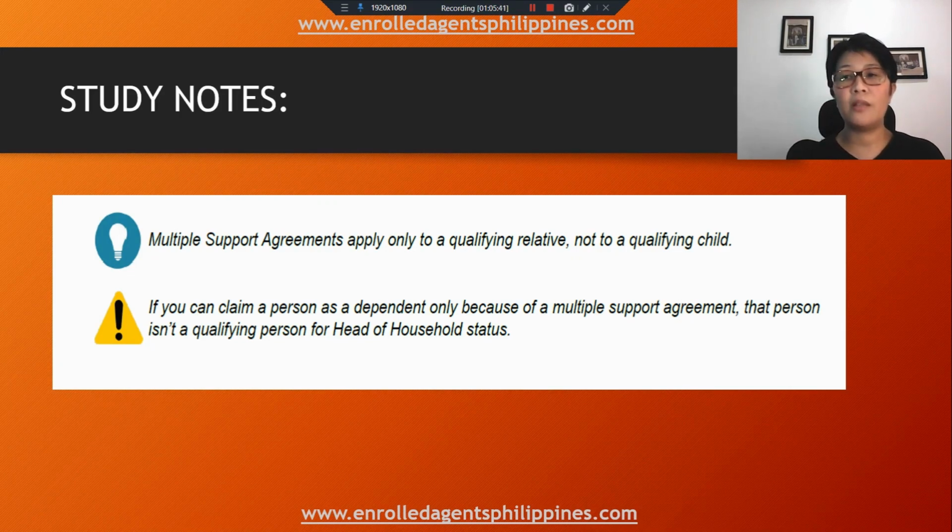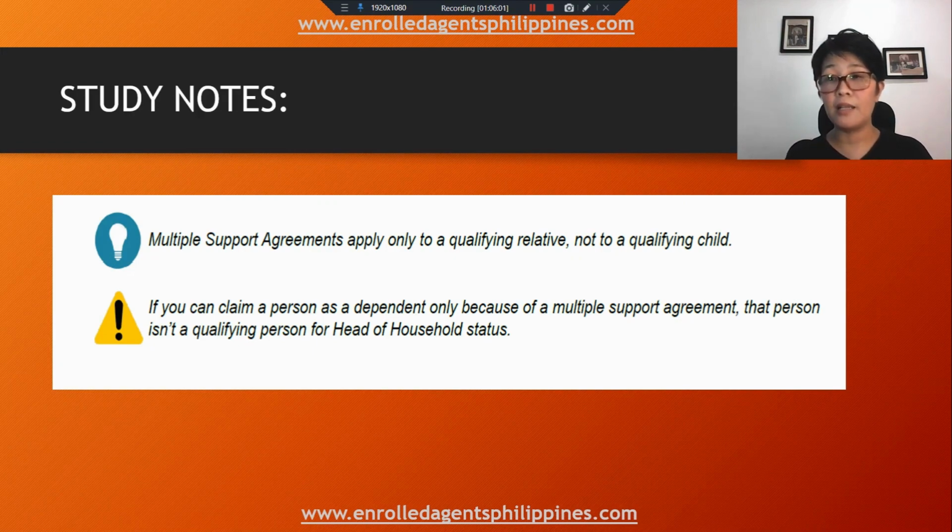Kasi dito pwedeng kahit more than 10% pwede na. Ano ba yung rule natin doon sa head of household? Kailangan more than 50%. So, pwede mo siyang i-claim as dependent, as a qualifying relative for other credits or other benefits. Pero hindi mo siya pwedeng i-claim para maging head of household yung filing status mo.